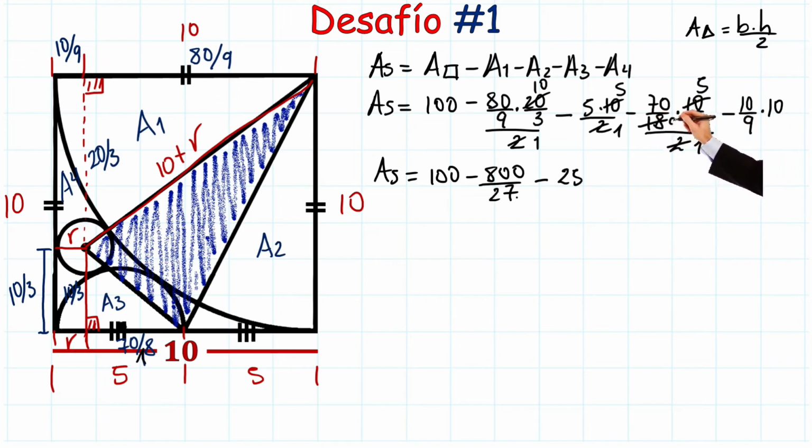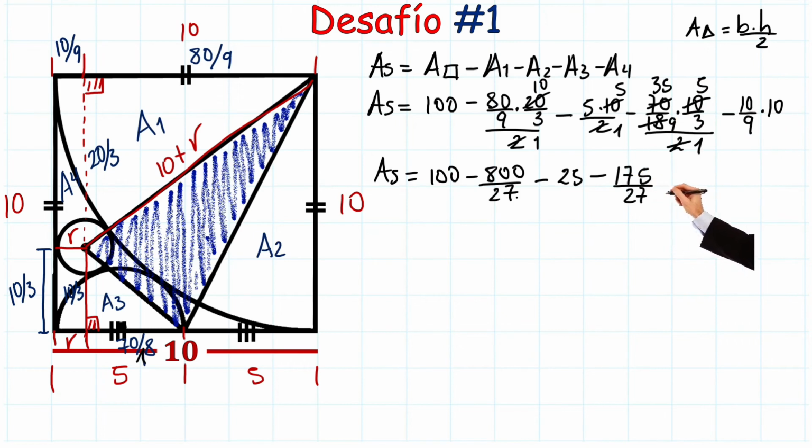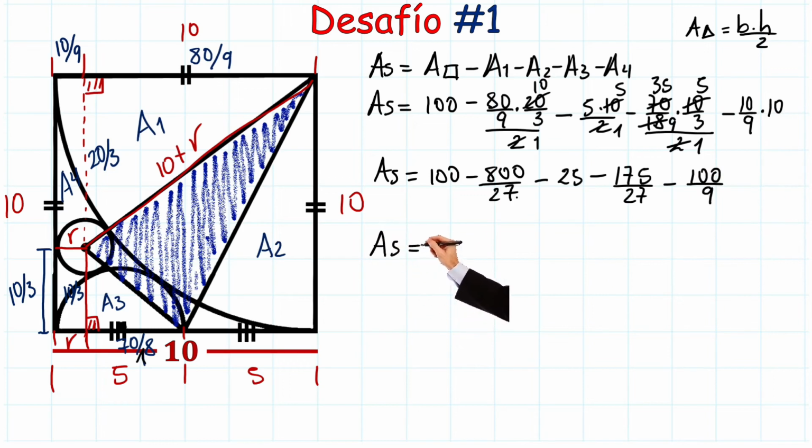Half of 18 is 9 and half of 70 is 35. 5 times 5 is 25, 5 times 3 is 15, 9 times 3 is 27. Very good. Minus 10 times 10/9, which gives 100 ninths. Then the shaded area will be equal to 100 minus 25, which is 75.